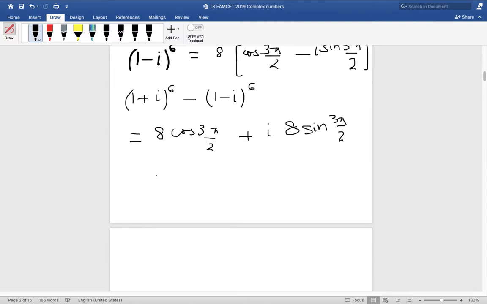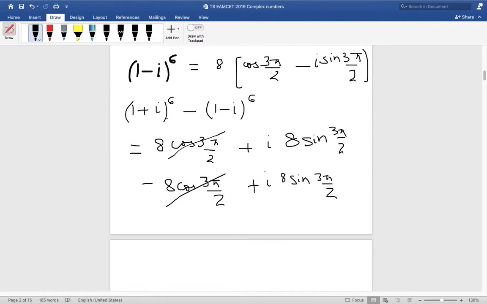Since there's a minus sign here, what we get is this 8 cos 3 pi by 2, and minus will become plus i times 8 sine 3 pi by 2. This will be cancelled.